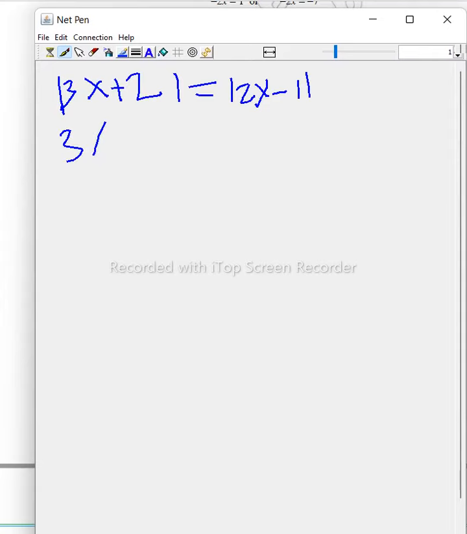We have 3x plus 2. We can write it as two equations. Here we have 2x minus 1, and another equation which is with minus.